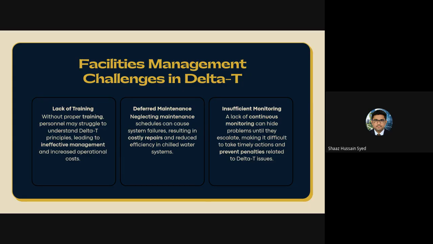When doing maintenance, they should not keep the water bypass valves open even after the maintenance. These are the common issues for the FM team. They should keep an overview of this to avoid these kinds of problems.